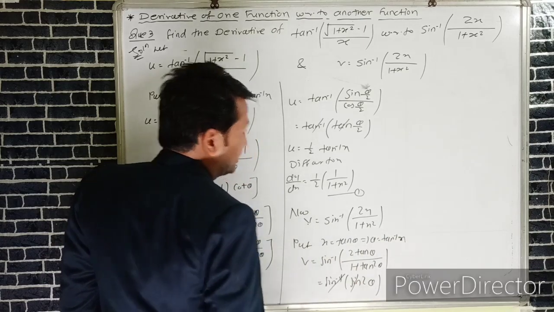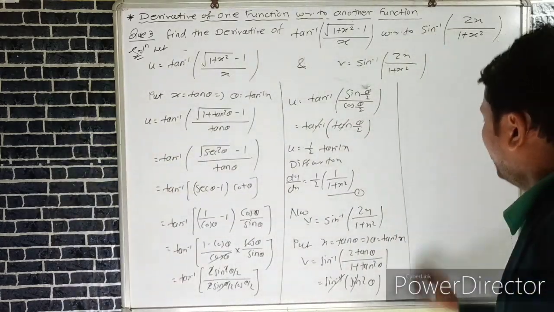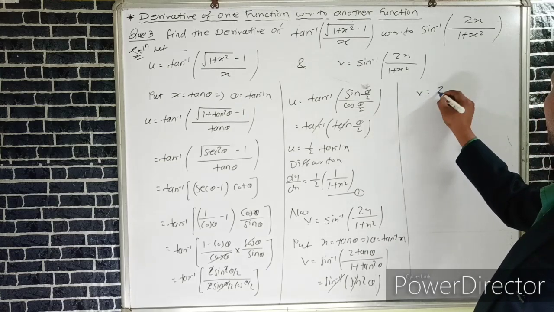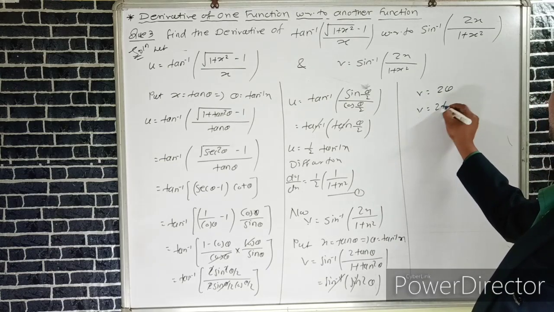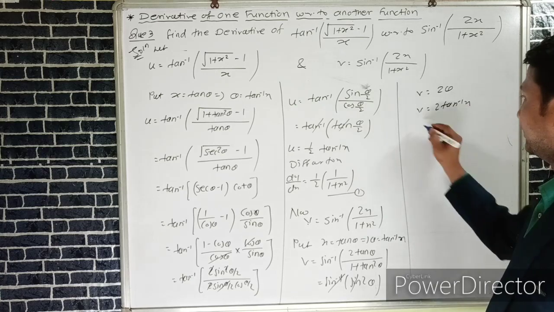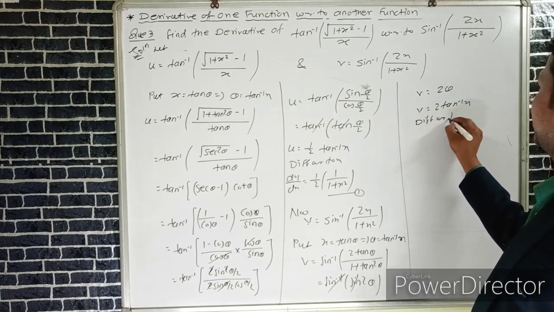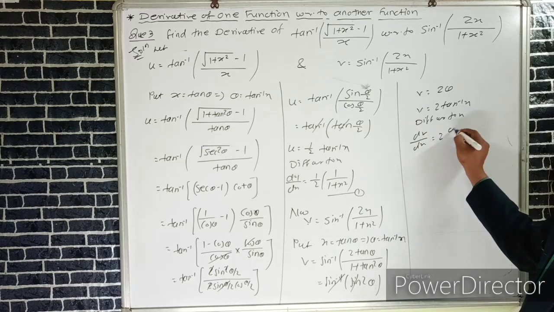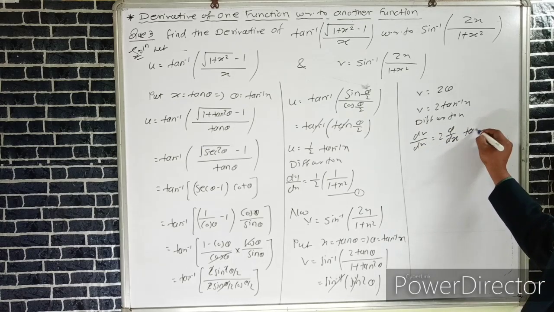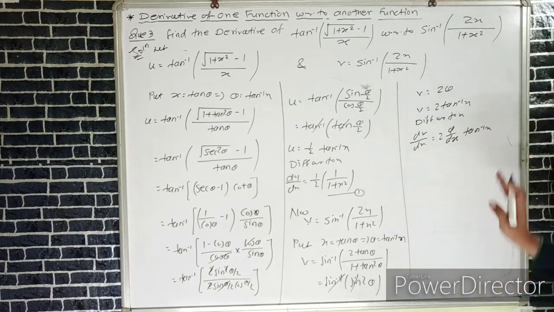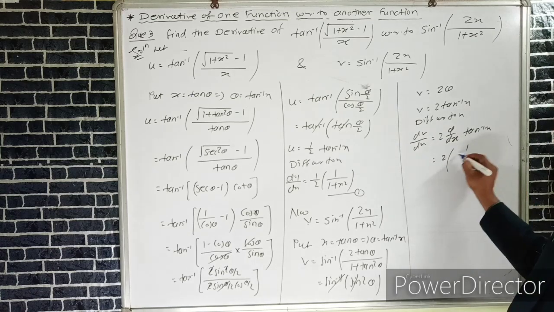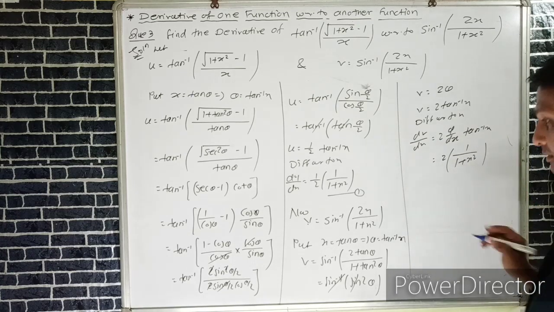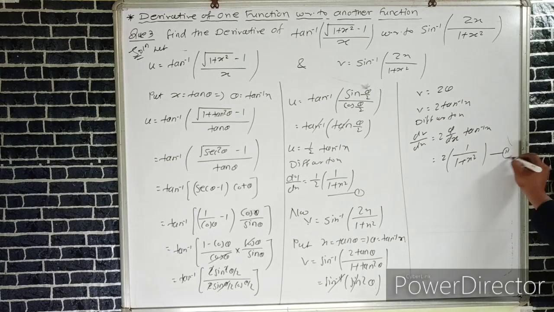Here sin inverse and sin cancel. We get v is equal to 2 theta. It means v is equal to 2 tan inverse of x. Now if we differentiate with respect to x, we get dv upon dx is equal to 2 into the derivative of tan inverse x, which is 2 into 1 upon 1 plus x square, which is equation number 2.